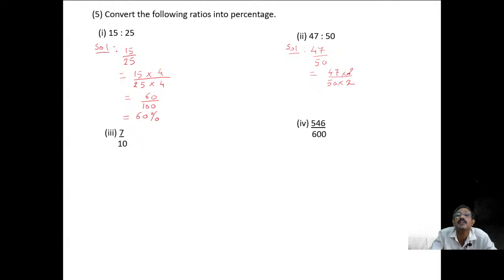Similarly, I will take this 2 here. Now I know this gives me 100. What will this give me? 47 into 2. 7 twos are 14. 4 twos are 8 and 1 is 9. 94.